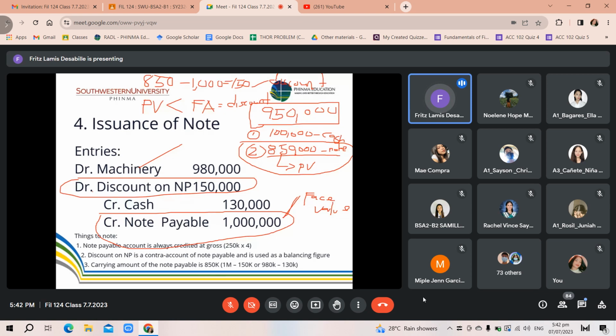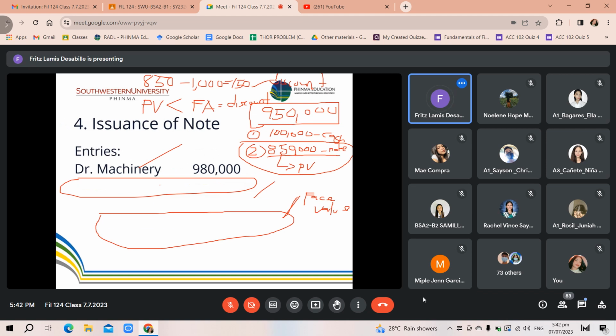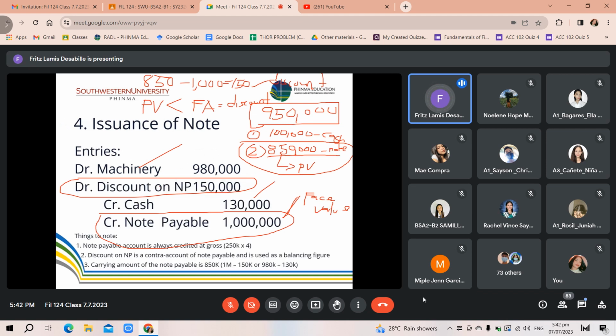Now, the 130 there, I just combined that entry. This is the 100,000 cash down payment plus the 30,000 installation cost.